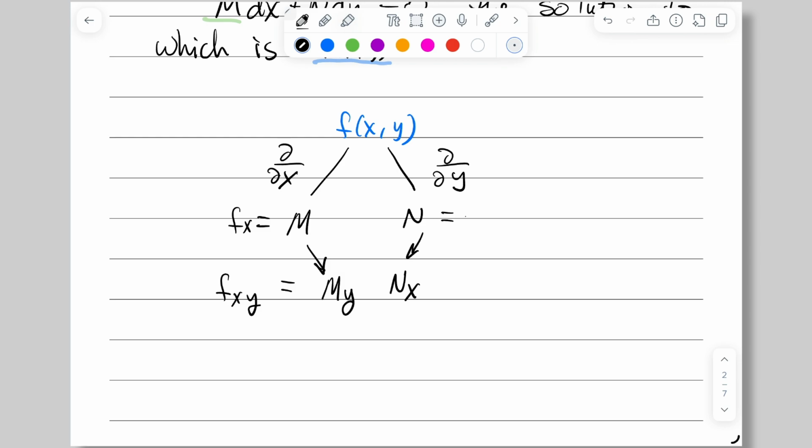Because remember, M was a partial with respect to x already, and N was a partial with respect to y already. And so these two should be equal.